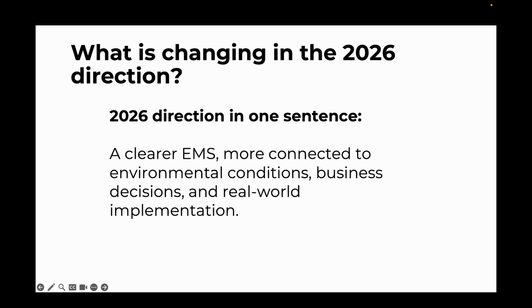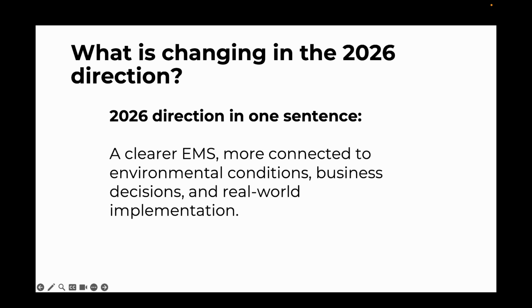Second, it reinforces the link between environmental management and business outcomes, strategic direction, and risk-based thinking. Third, it strengthens practical expectations around implementation, life cycle thinking, and the way organizations interpret their context and boundaries.